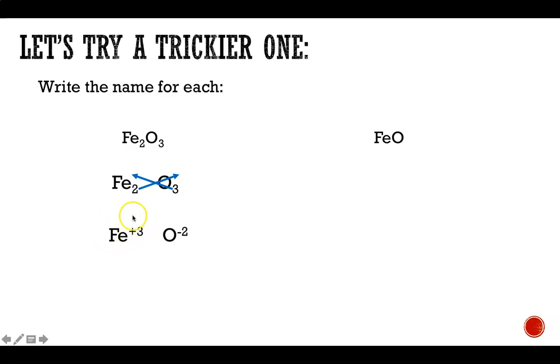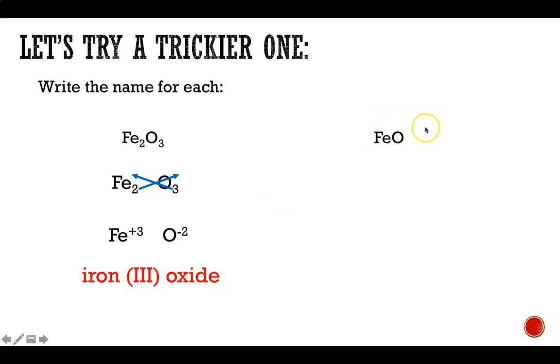So if you go to that chart on the back of the periodic table and look at iron, we should see +3 as one of the options. If it's not one of the options, then we might need to think a little bit harder about this one. But luckily, +3 is on that list, so we can just name that iron 3 oxide.